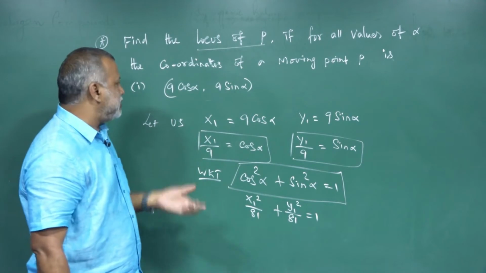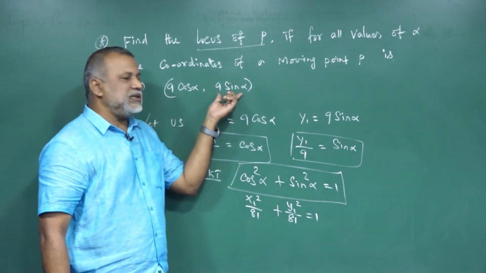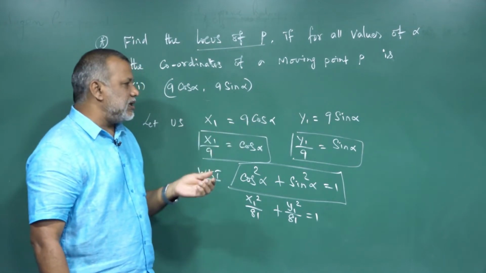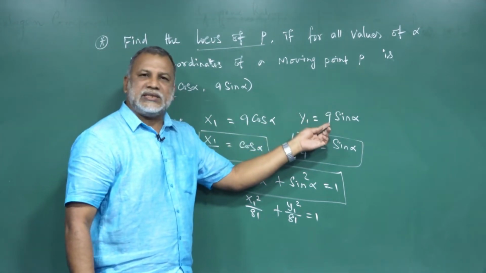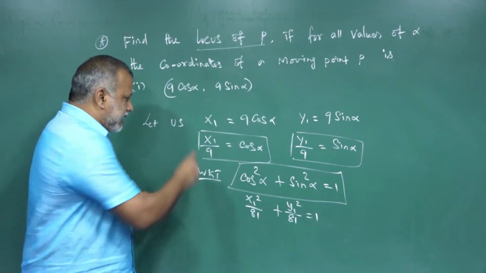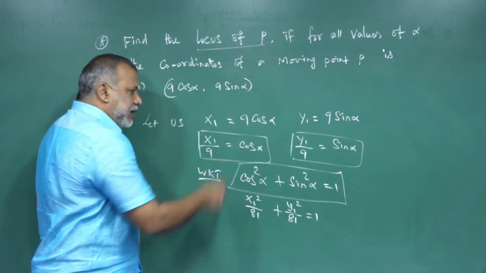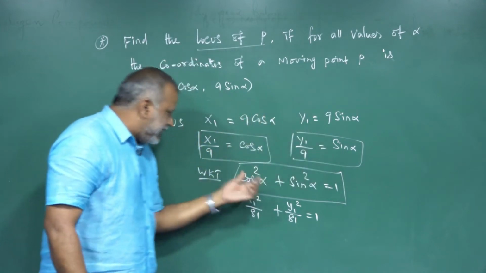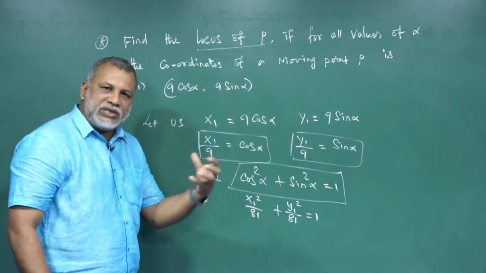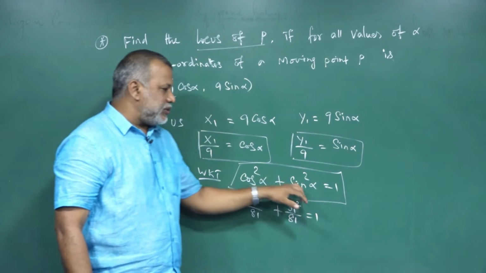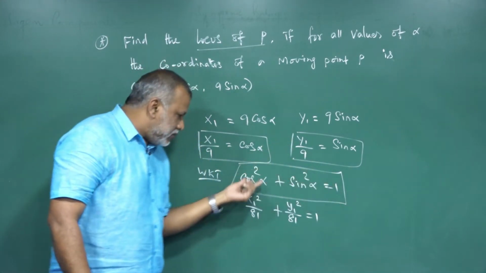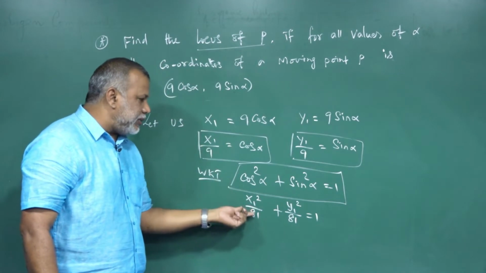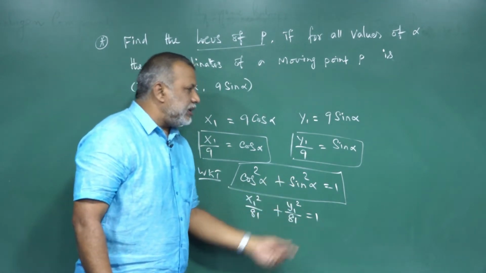Substituting into the identity, x1 squared by 81 plus y1 squared by 81 equal to 1.